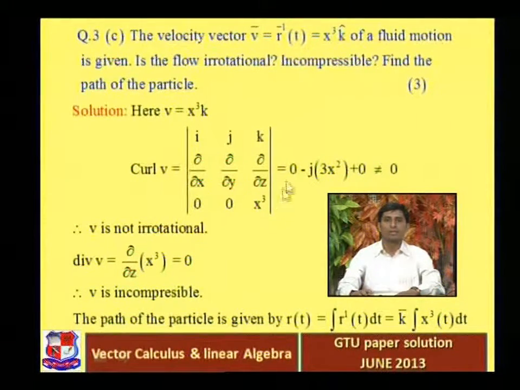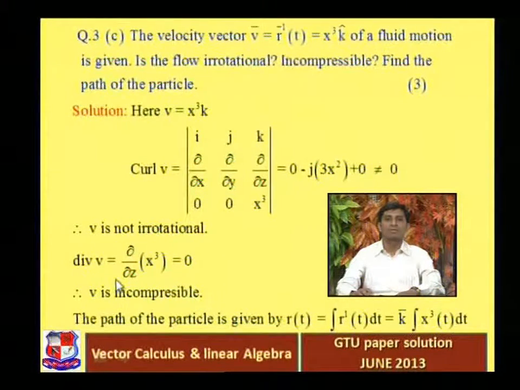So when we solve this determinant, we get 0 minus j into del by del x of x cube, so that is 3x square, right? That is not equal to 0, so v is not irrotational.